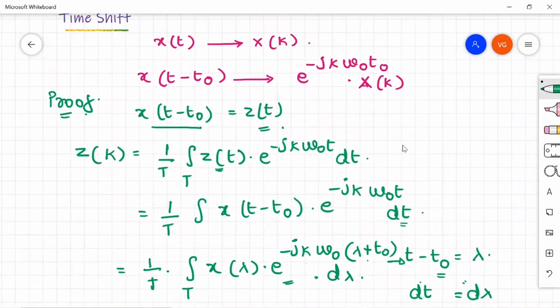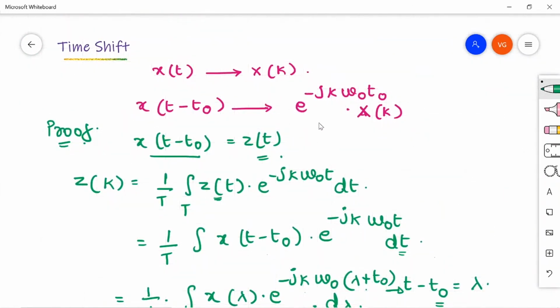See here, this is the definition of time shift property, and I have proved it. So a shift in the time domain makes the Fourier series signal, that is x of k, multiplied by e power minus jk omega naught t naught. So the time shift in time domain causes this phase shift in the frequency domain.